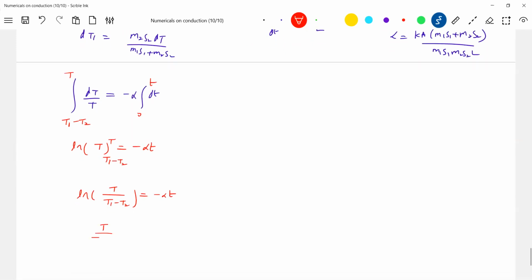Sending on that side, e to the power of minus alpha t. So this is the expression. The temperature difference will decrease exponentially. I think I should bring a graph so that you'll understand what actually it is.